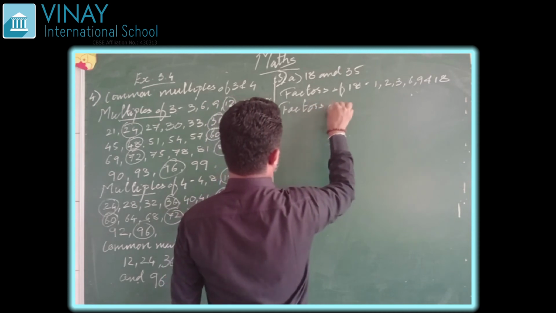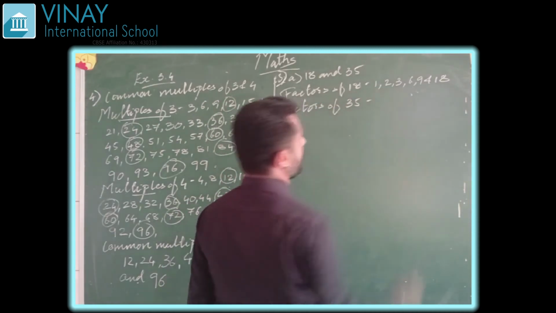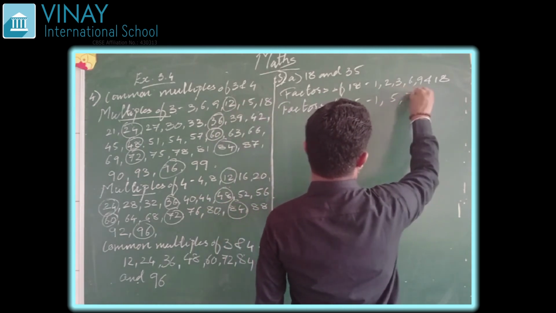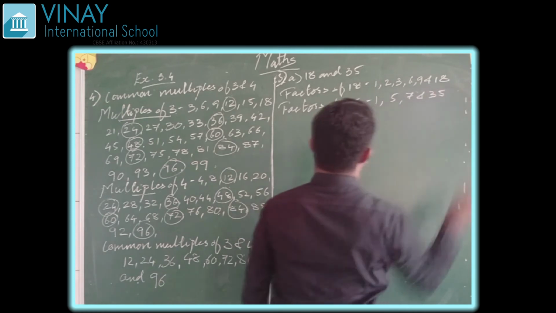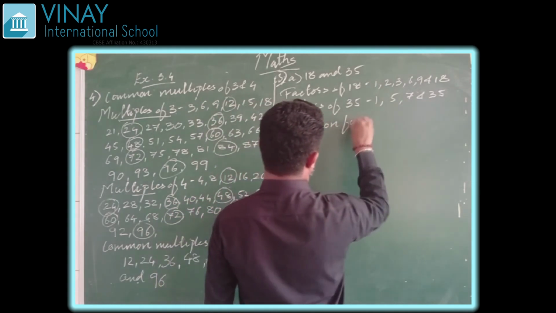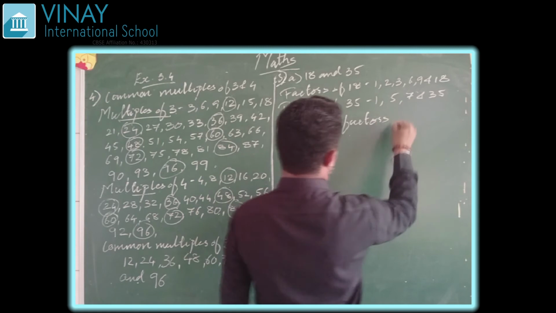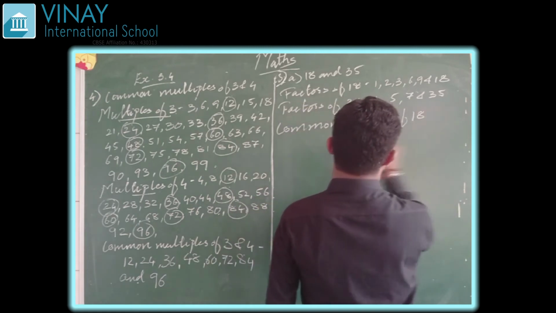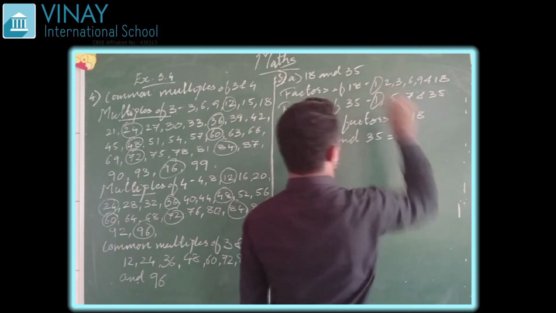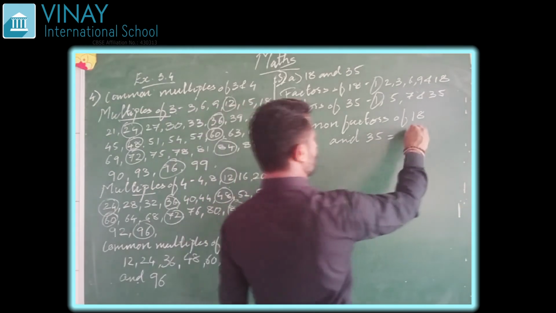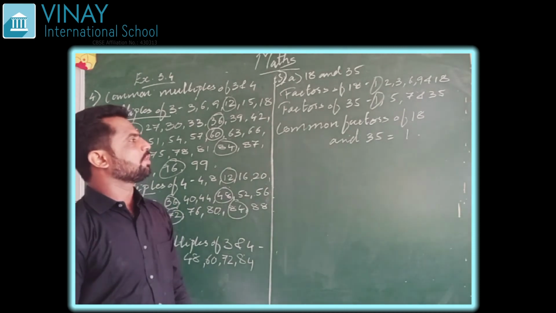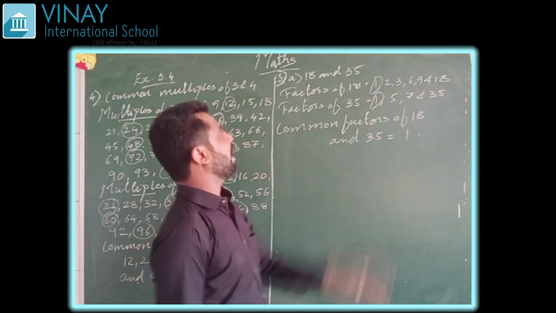Factors of 35 are 1, 5, 7 and 35. So the common factor of 18 and 35 is only 1, and as we know, if any two numbers have 1 as their common factor, they are co-prime.